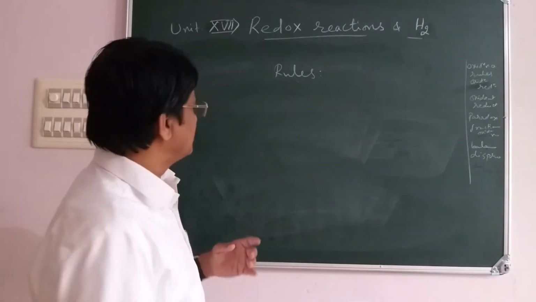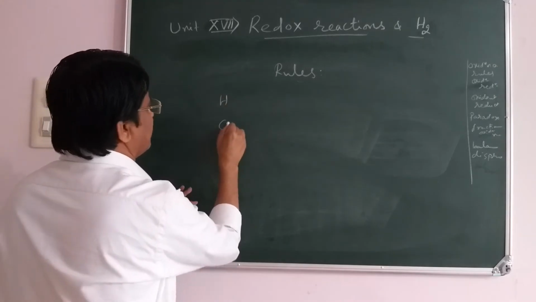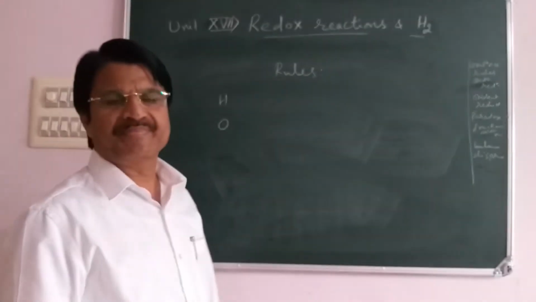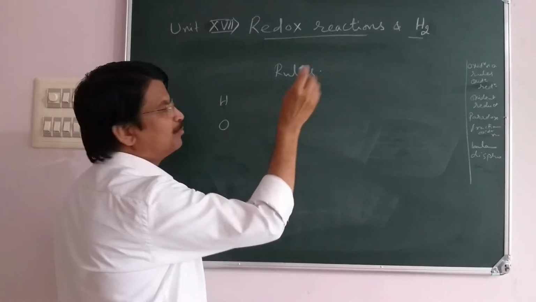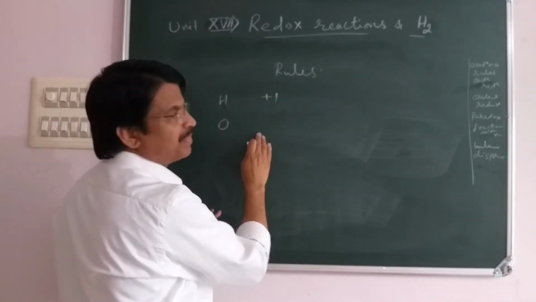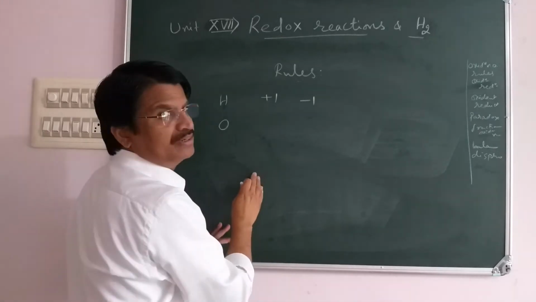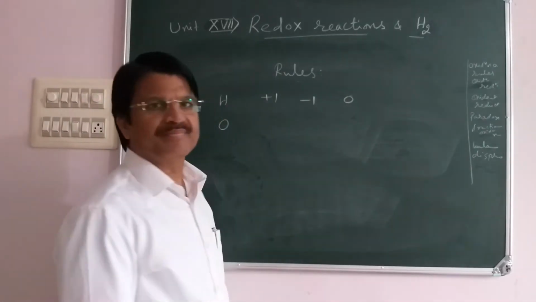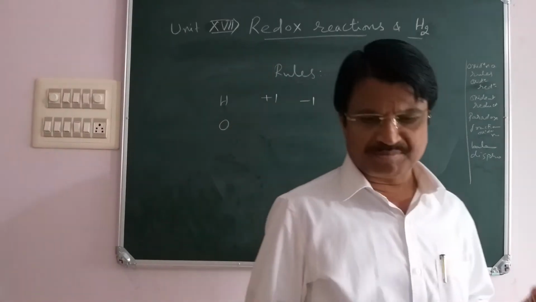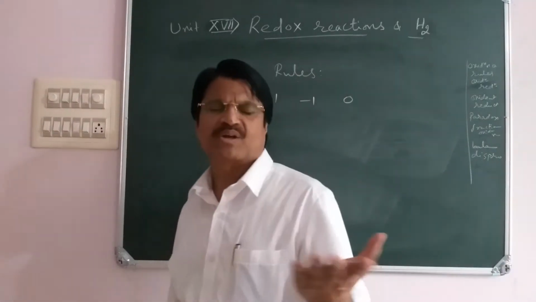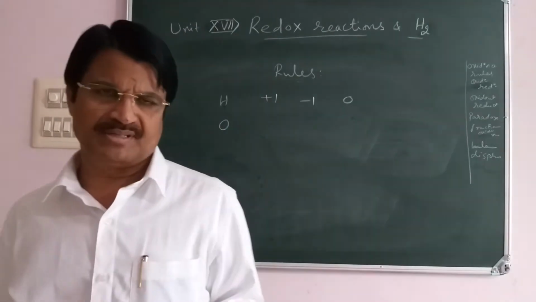Then oxidation number of hydrogen and oxygen. The oxidation number of H in many compounds is found to be +1. In peroxides it is -1. Free state 0. In methane, H is +1. Ethyl alcohol, H +1.